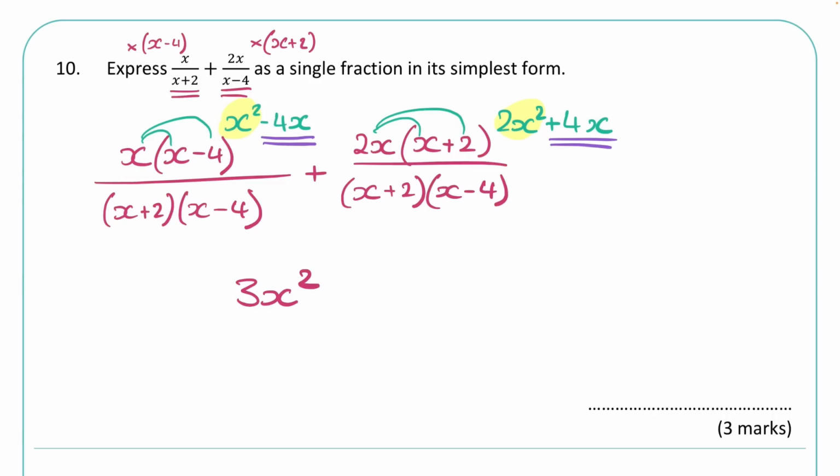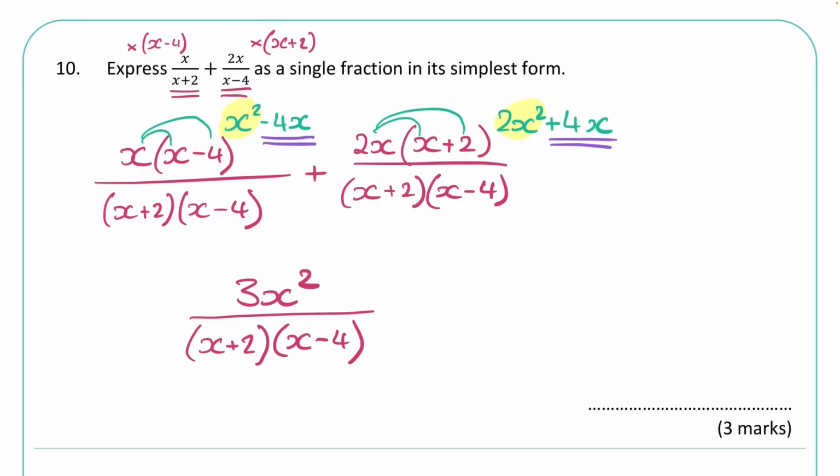So our numerator's done, we just have the 3x squared. On the denominator, we have this x plus 2 and x minus 4, and we do not need to expand that. It's already factorised, so this allows us to see if there are any common factors top and bottom. There's no common factors that go into the numerator and the denominator there, so that would be our final answer.